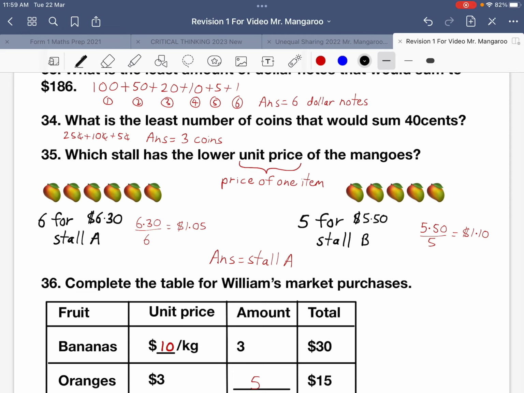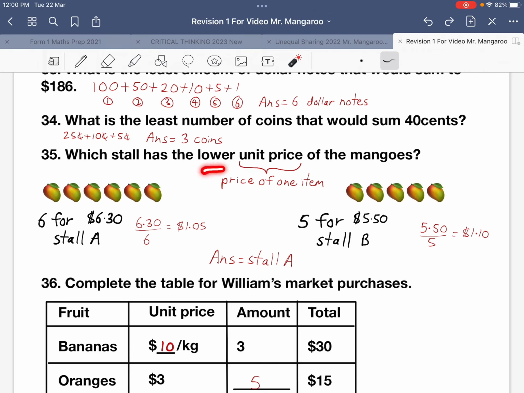So what we want to do is find the price for the same quantity of items for each stall. So right now we have 6 mangoes here and 5 mangoes here, so we cannot properly compare the prices. So what most persons do is they find the price of 1 mango here and 1 mango here and compare, and whichever one is cheaper or lower, that is the better buy.